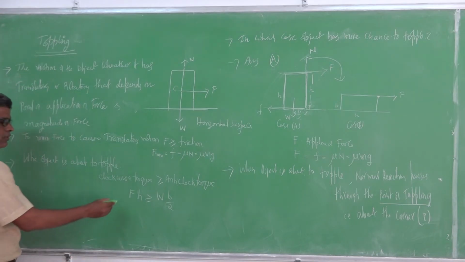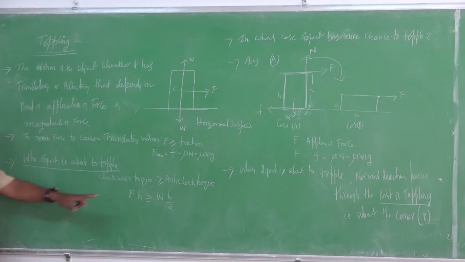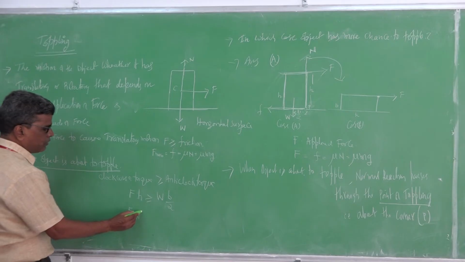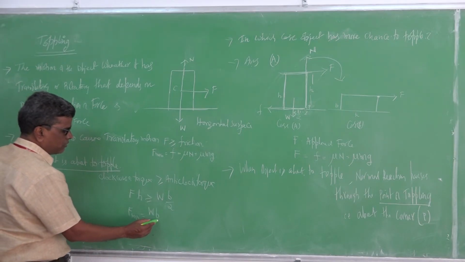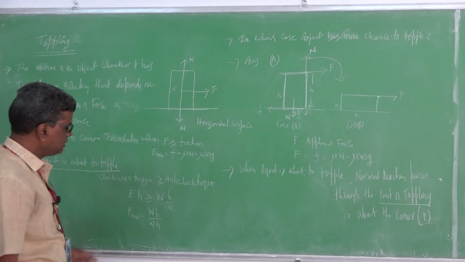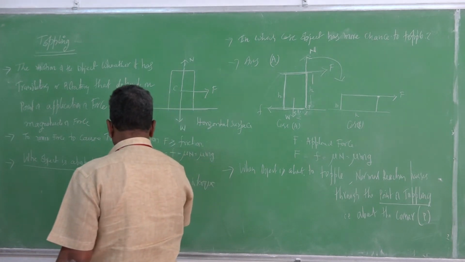When this condition is satisfied, the object is about to topple. So the minimum force should be equal to W into b by 2h. This is the minimum force required for the object to topple.